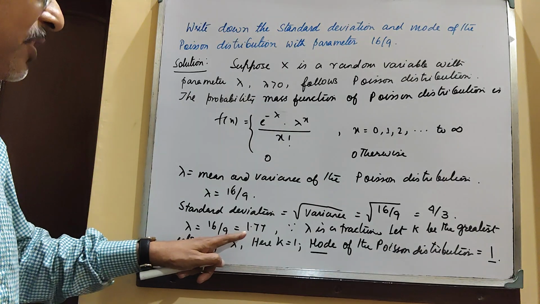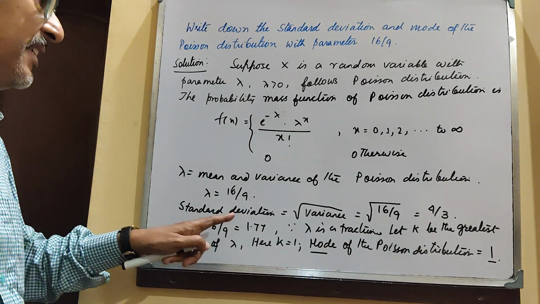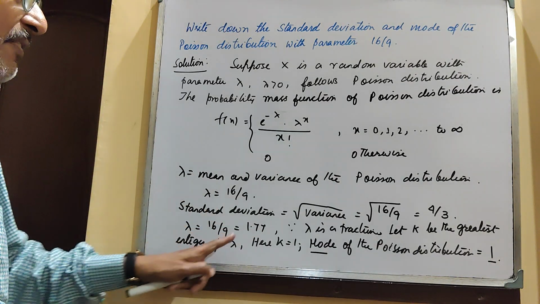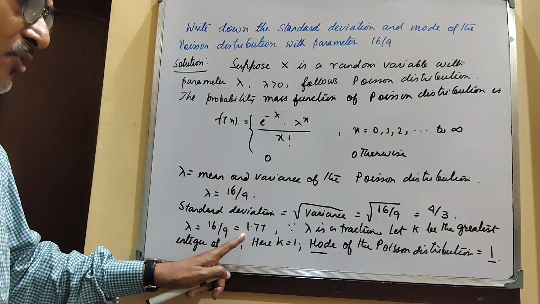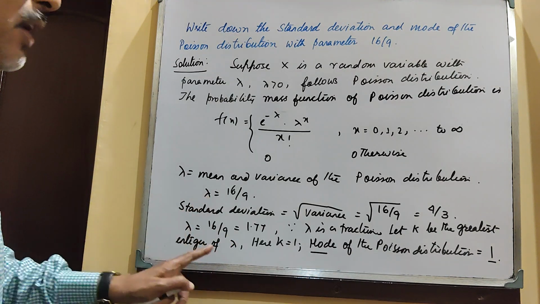Since it is a fraction and the value is 1.77, the greatest integer containing this 1.77 is 1. Therefore, the mode of this distribution is 1.